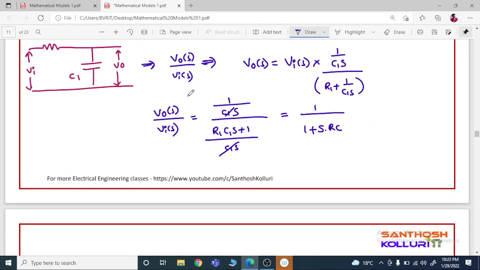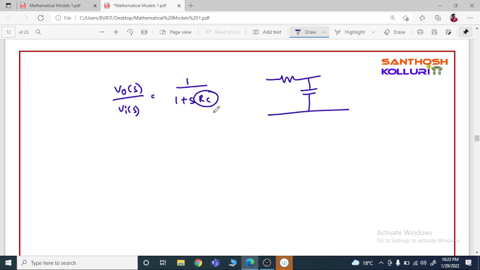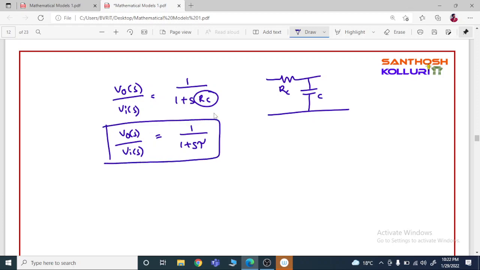Now V naught of S by Vi of S can be written as 1 by 1 plus S into RC, where RC is the time constant of this RC circuit. So this can be written as 1 by 1 plus S into tau. This is the transfer function of this RC circuit, 1 by 1 plus S tau.